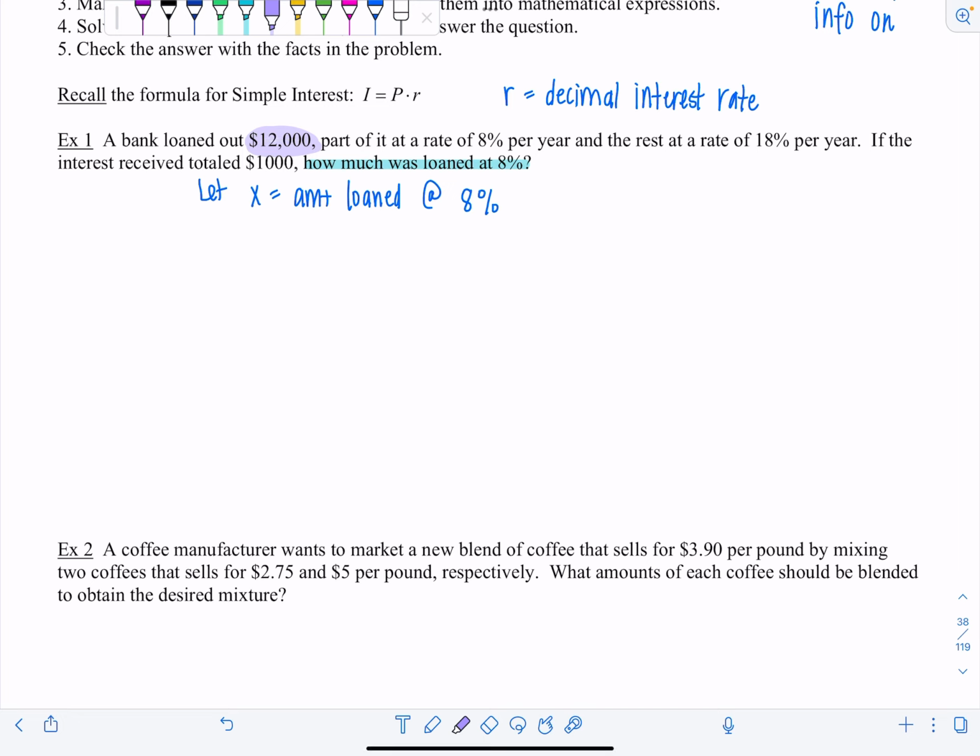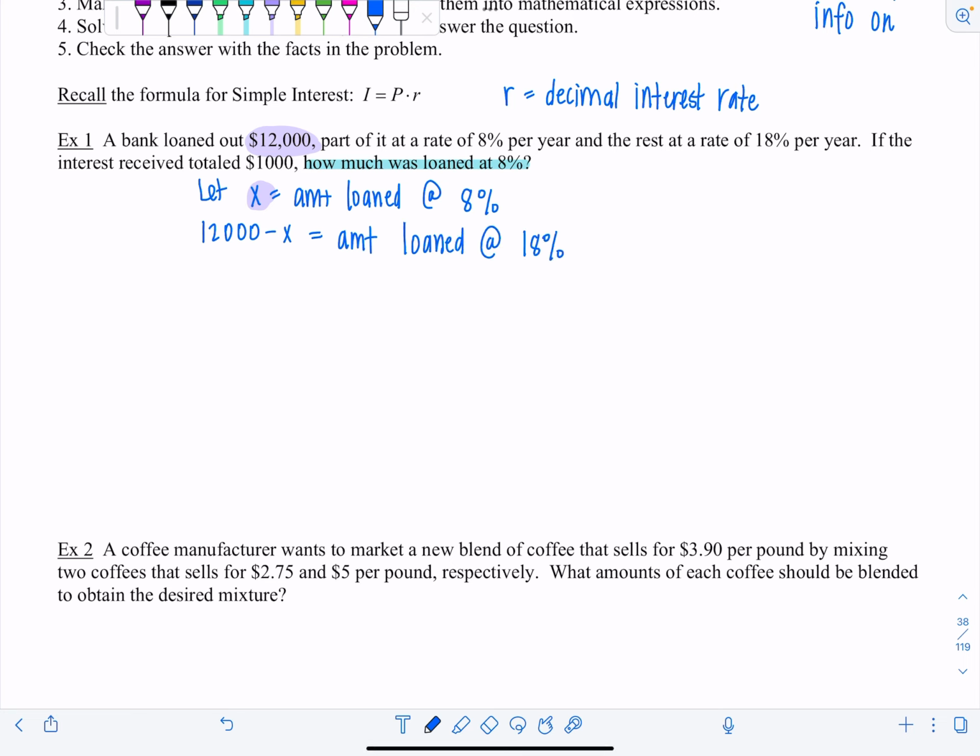So pretend that $2,000 was loaned at 8%. How would you figure out how much is loaned at 18%? You would do 12,000 minus that 2,000, right? So it's just 12,000 minus whatever x is. The rest of it, that's the amount loaned at 18%.